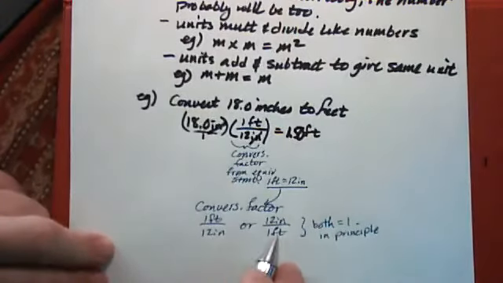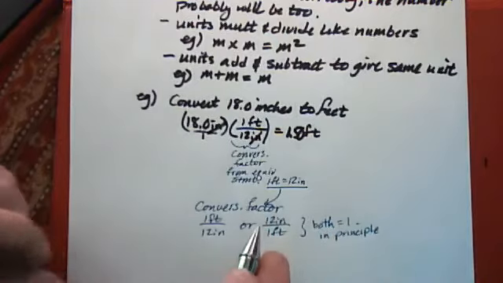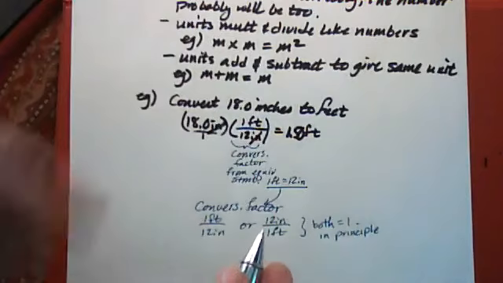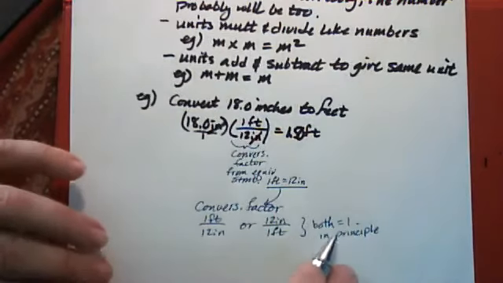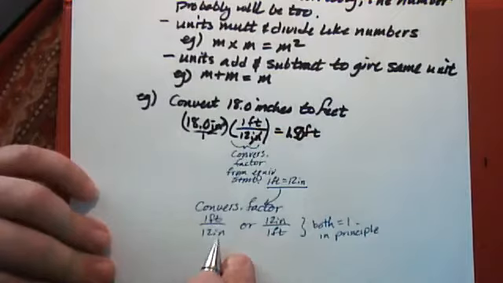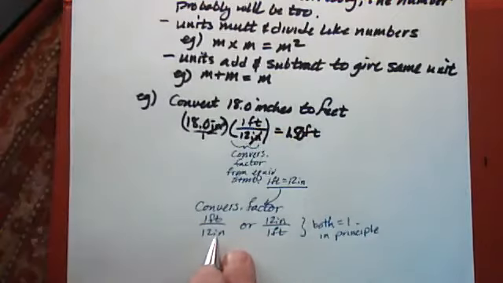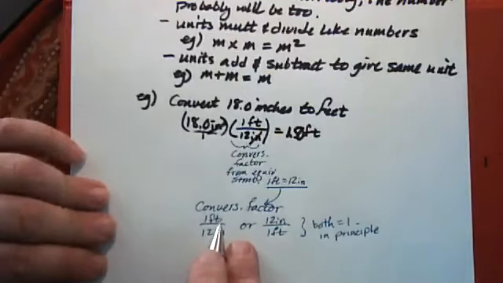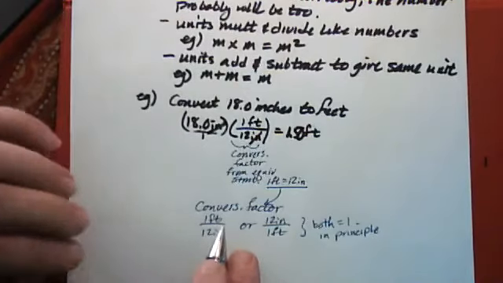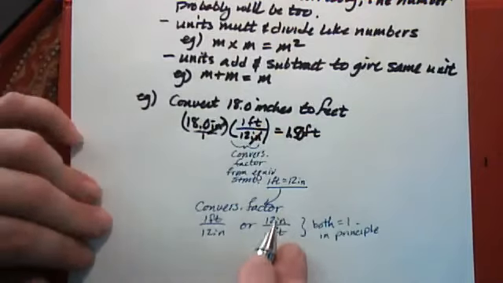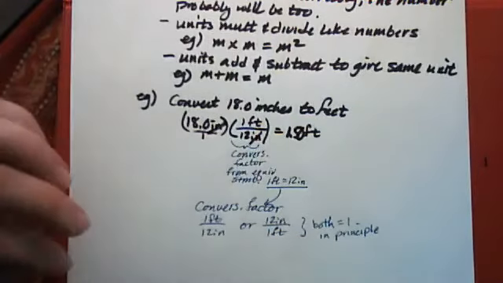There's 1 foot for every 12 inches, but there's also 12 inches for every 1 foot. And like I said, you can use these in an equation without changing the magnitude of what it is you're measuring, because in principle, both of these ratios are equal to 1. 1 foot and 12 inches are the same thing. It's not numerically equal to 1 because you're measuring that distance in 2 different types of units, but in principle, it's equal to 1, like I said, because they're the same thing. This is equal to 1 also because 12 inches and 1 foot are the same thing.